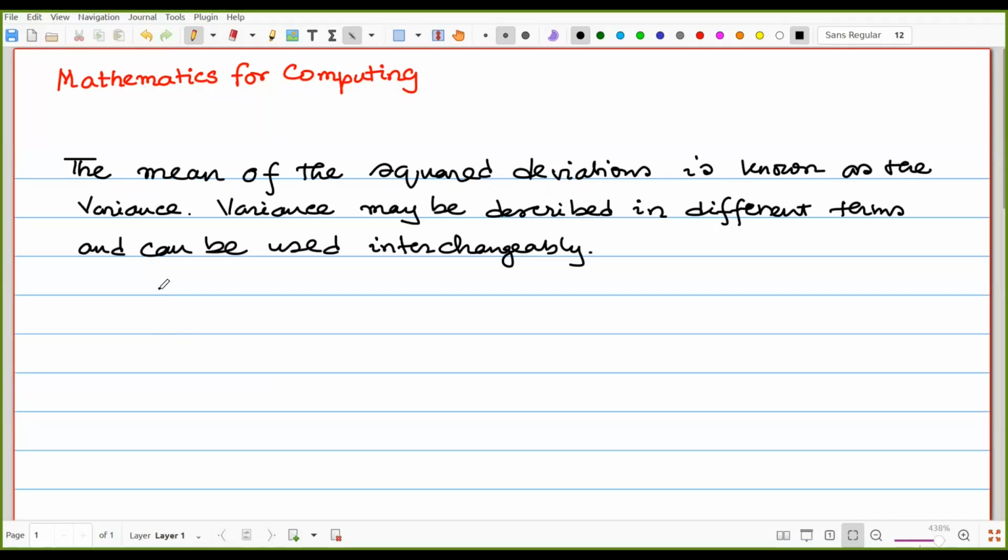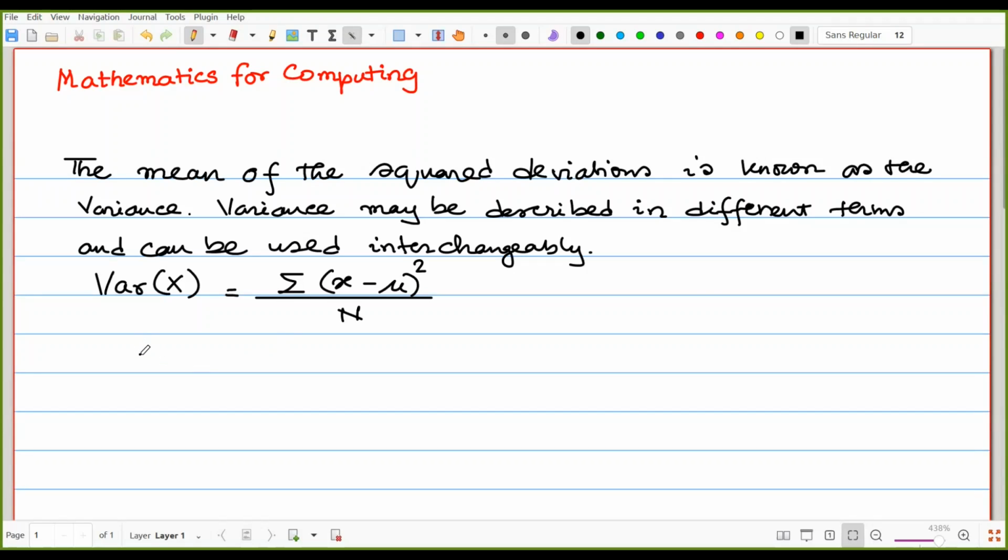Practically, or symbolically, the variance of x, already described in the last class, can be described in the form of summation of x, that means each and every data, minus mu, that is the mean of the data, divided by the total number of data, that is n.